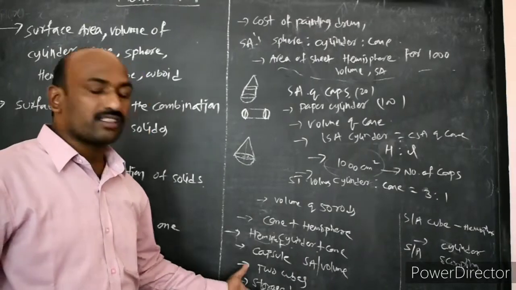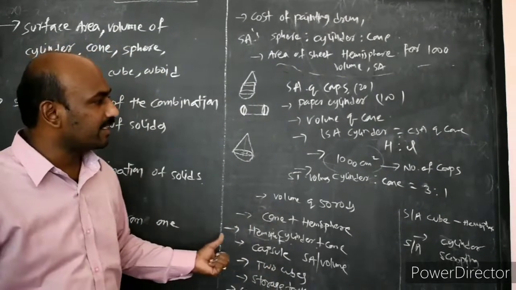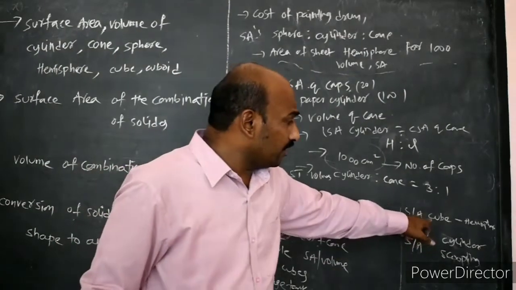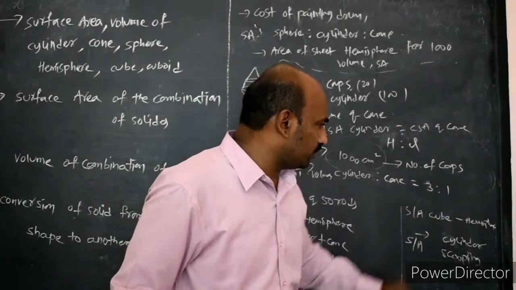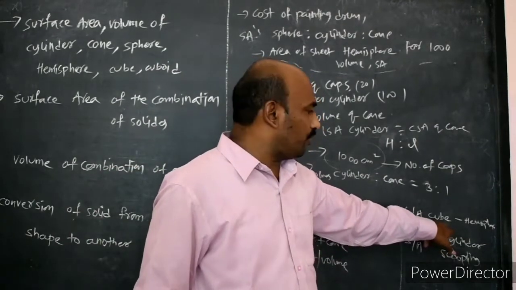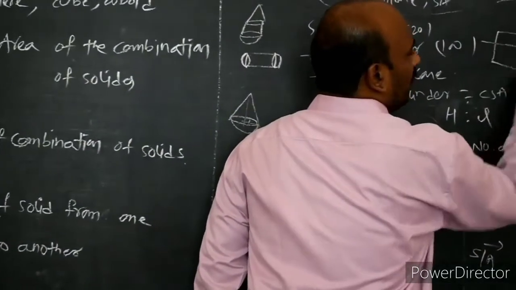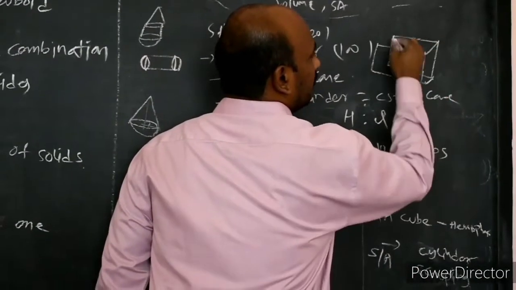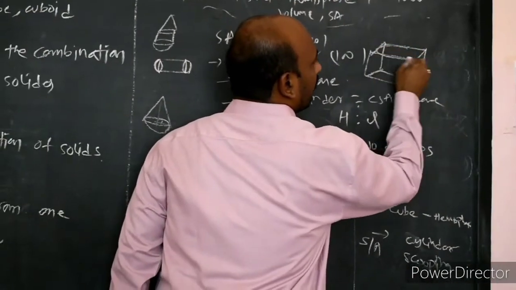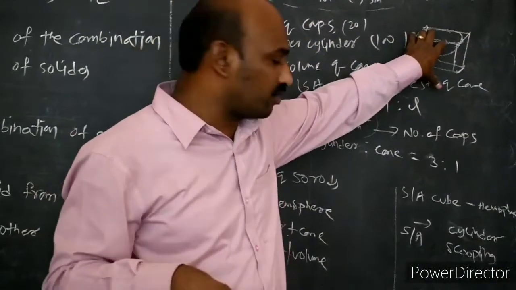And we can get the volume ratio of sphere, cylinder and cone. And surface area of cube and hemisphere: whenever a cube is there and we remove a hemispherical portion, they can ask what is the remaining surface area.